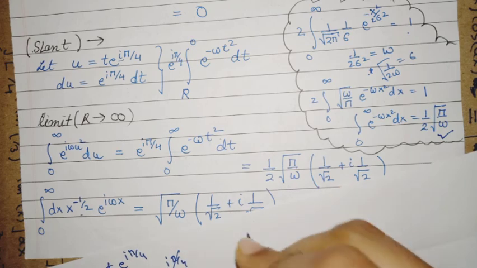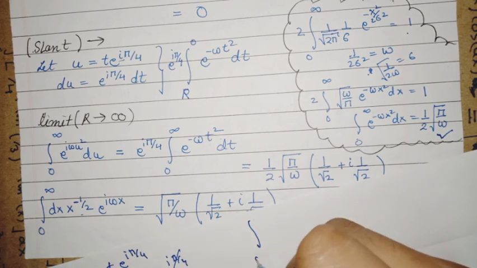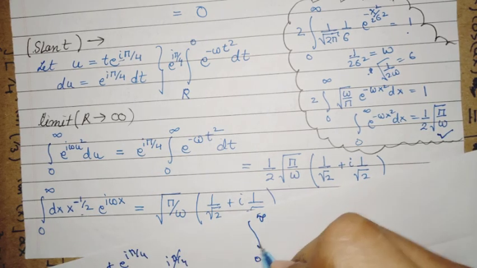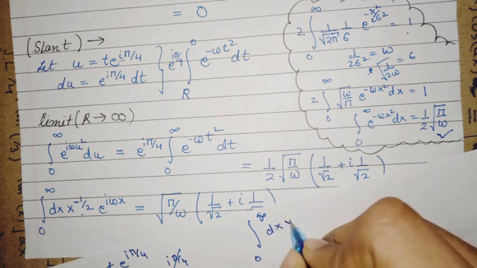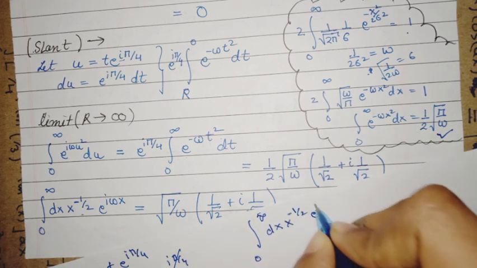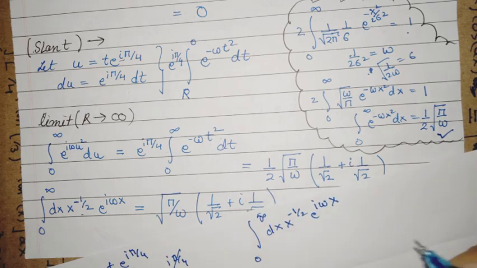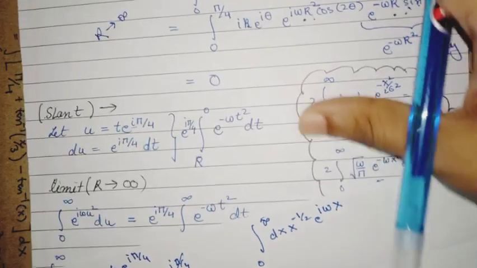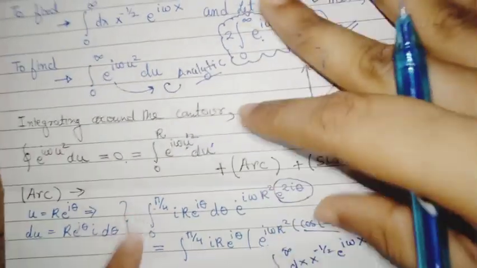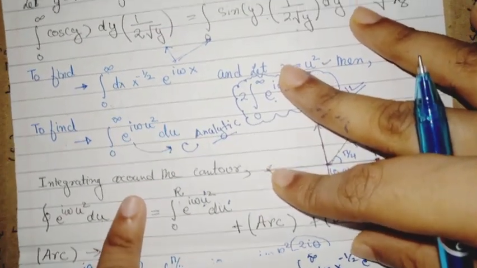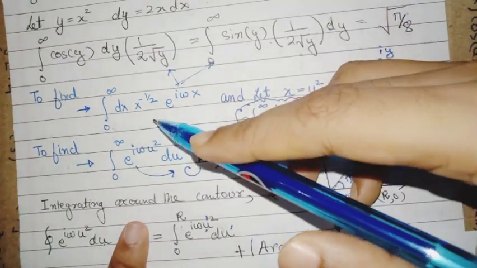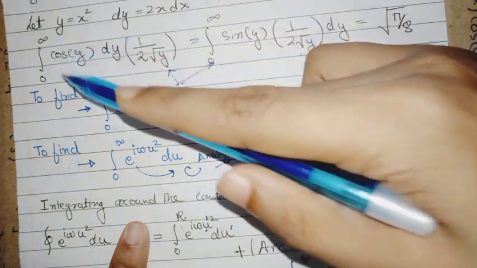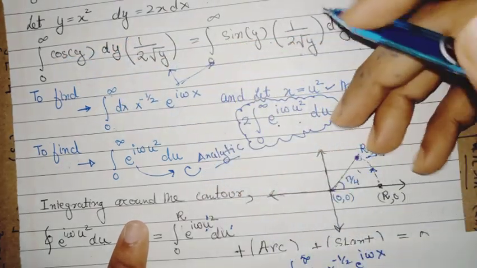So I have successfully evaluated this integral. So now I have evaluated 0 to infinity dx x power minus half e power I omega x. But what I want to evaluate is half of the imaginary or the real part.